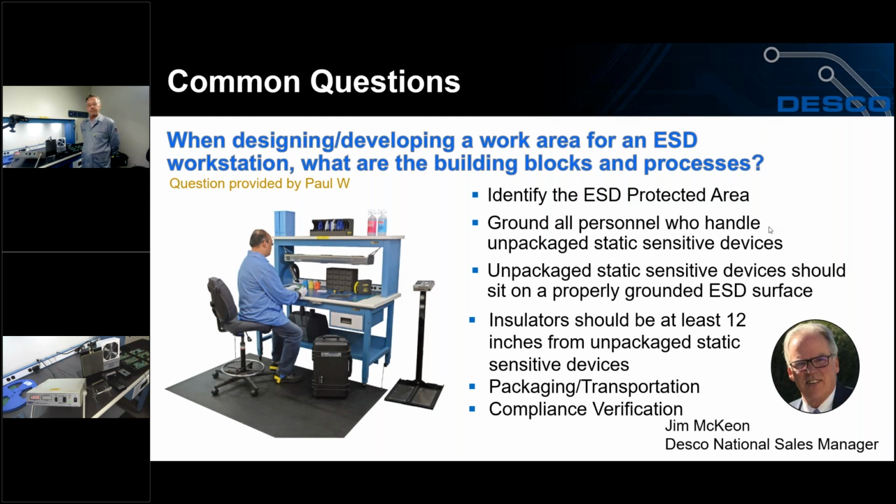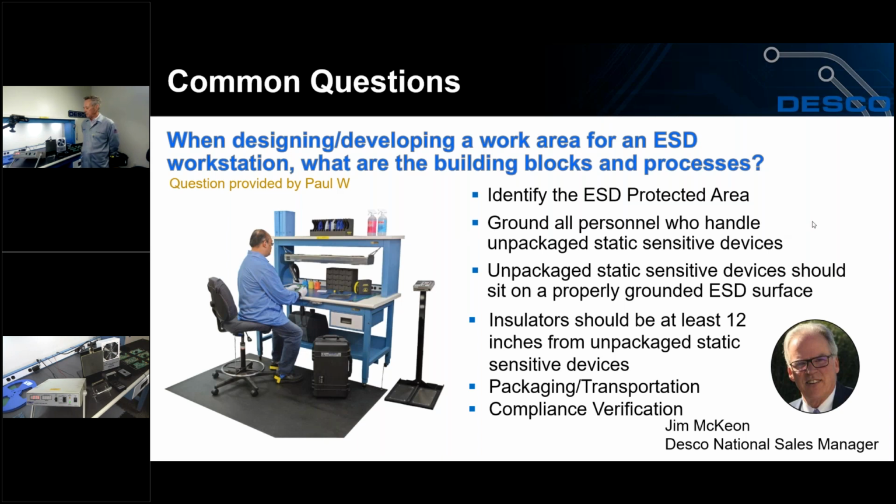But the next 4 bullet points discuss the 4 basic guidelines of an effective static control program. Number 1 is that you need to ground all personnel who handle unpackaged static sensitive devices. So if we're talking about a seated operator at a workstation, then you're talking about a wrist strap.